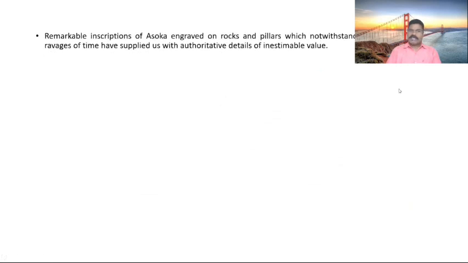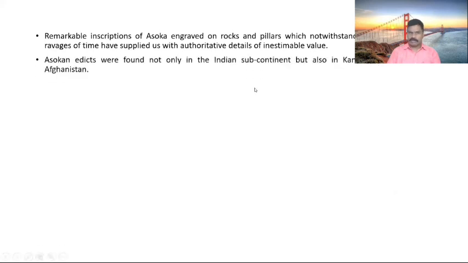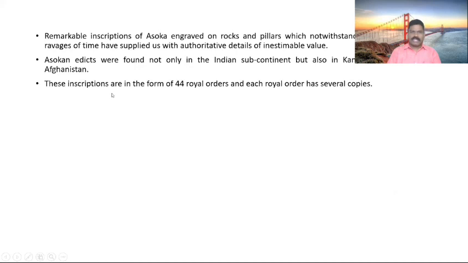The remarkable inscriptions of Ashoka engraved on the rocks and pillars, notwithstanding the ravages of time, have supplied us with authoritative and valuable information. Ashoka's edicts were found in the Indian subcontinent and also in Kandahar of Pakistan. These inscriptions are in the form of 44 royal orders, and each royal order has several copies.